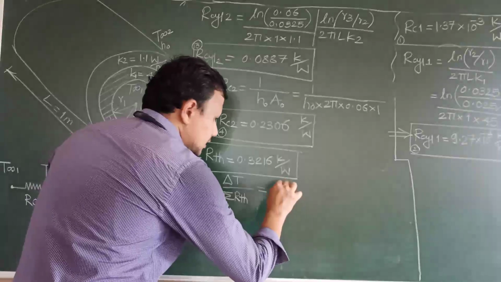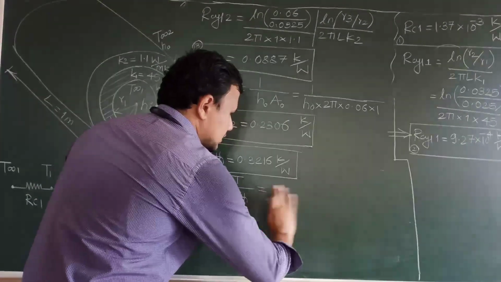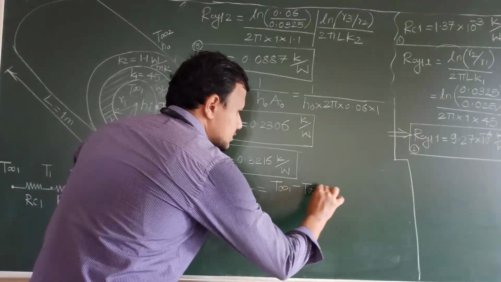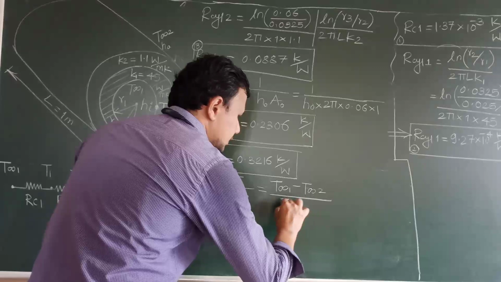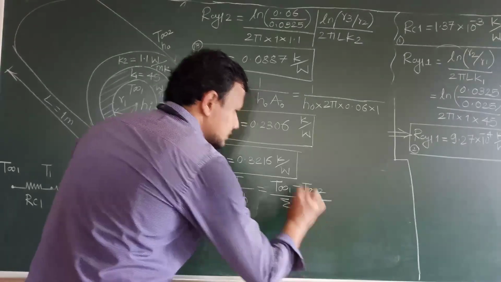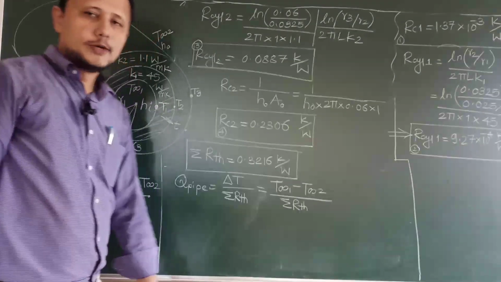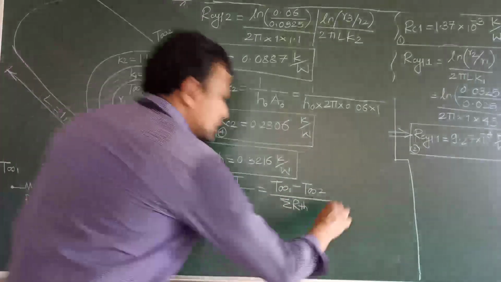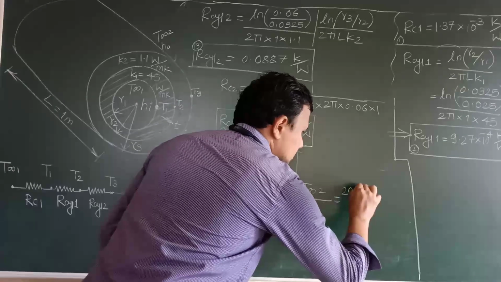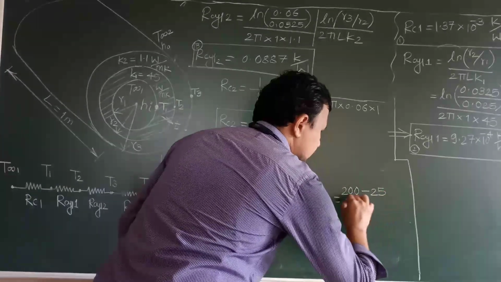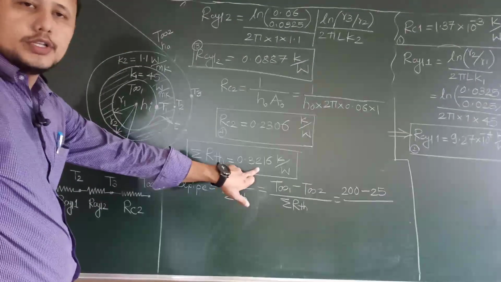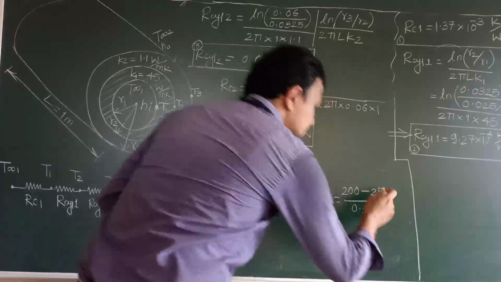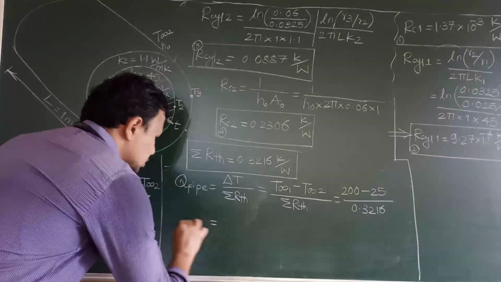So this will be T infinity 1 minus T infinity 2 divided by the summation of all the thermal resistances in that particular network path. So T infinity 1 minus T infinity 2 gives you 200 minus 25, divided by 0.3216. So this is 175 divided by 0.3216.